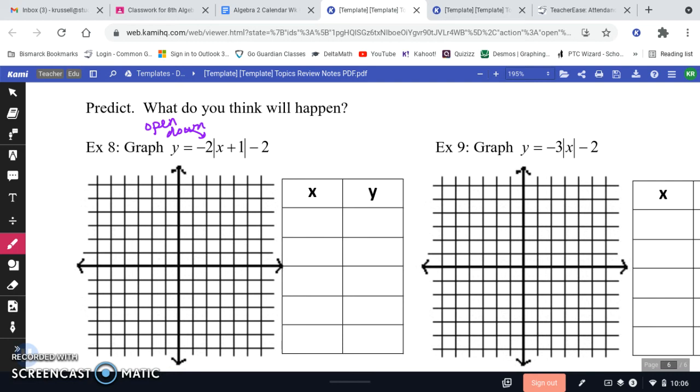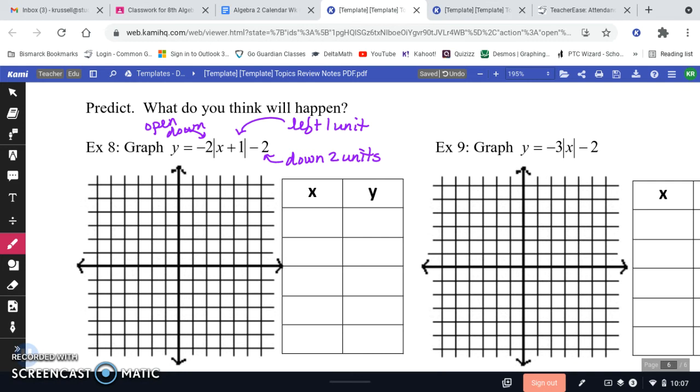This 1 right here tells me that I'm going to go left 1 unit. And this -2 tells me I'm going to go down 2 units. Now I know you may be thinking, well, that's a positive one, so why did she say move it to the left? Trust me, it moves left. We'll talk more about why in a couple of minutes.